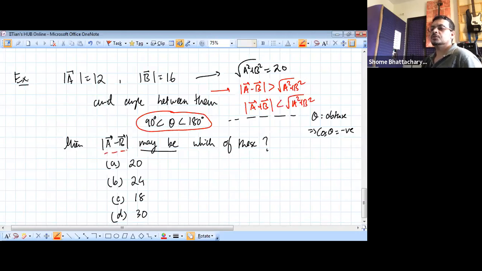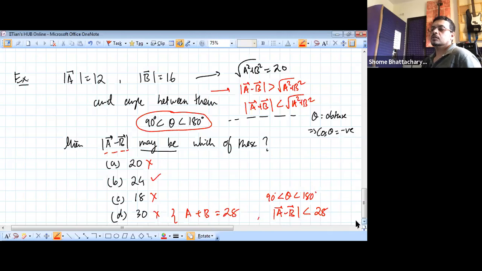So since we were asked to find out this, it cannot be this because this is root of A square plus B square. It can be this, it cannot be this, and it cannot be this because here the sum of their magnitudes is 28. Okay. So A minus B has to be less than 28. It cannot be equal to 28 because theta is less than 180 degrees.